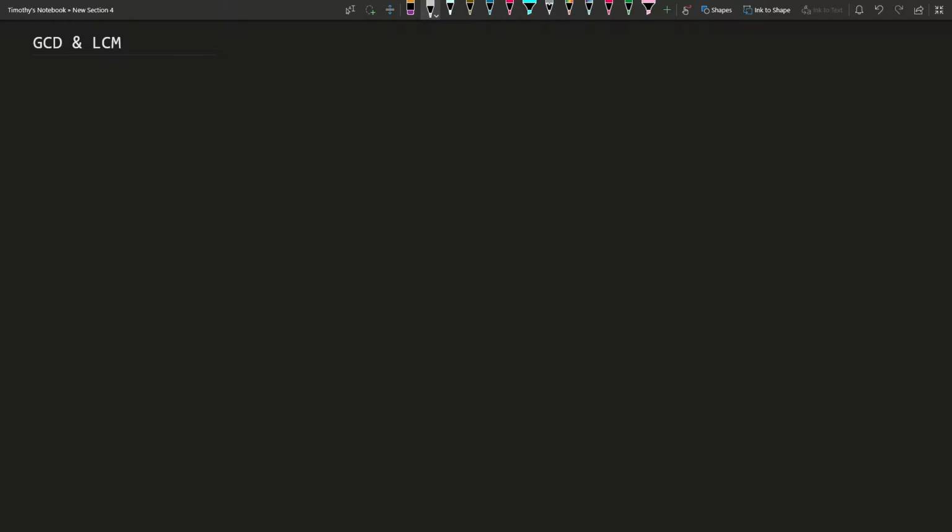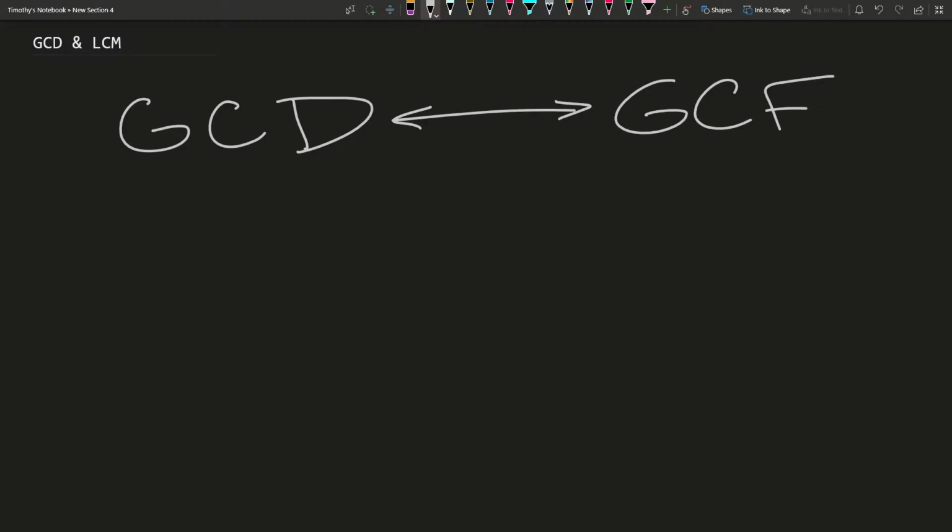So what exactly is the GCD? Well, what we usually call the GCD, we might also call the GCF. So these are kind of interchangeable.